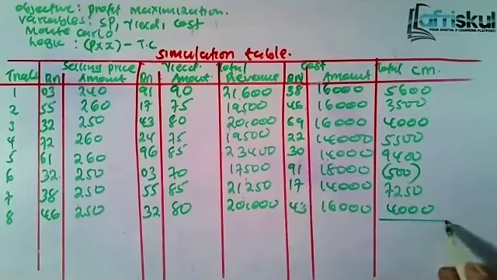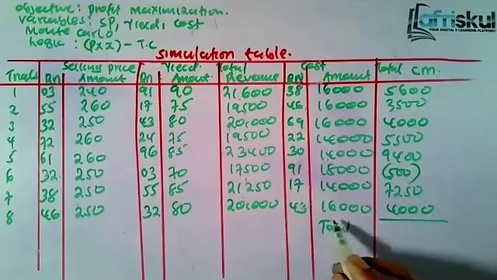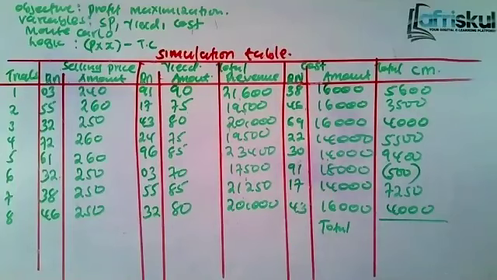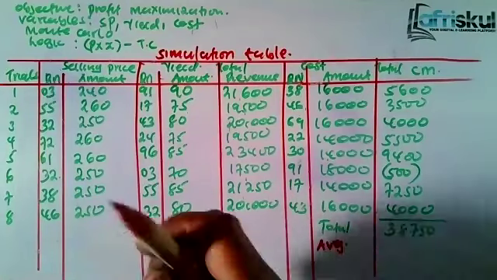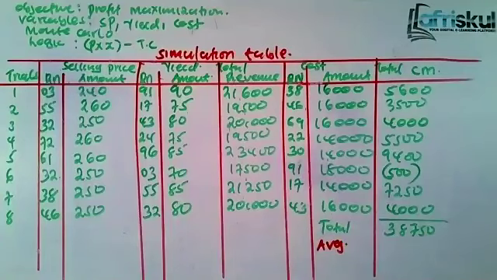Now after you do that, you get the total profit or the total contribution margin, of which utapata 38,750. Now, after you have the total, now you can get the average. You see what we have done? Simulation, tulisema ni trials. Unajaribu, what if probability ikuwe hii, profit itakuwa hii. Then after that, you get the total and then you get the average so that you can advise the management that from setting that, our average profit or what we expect to get.